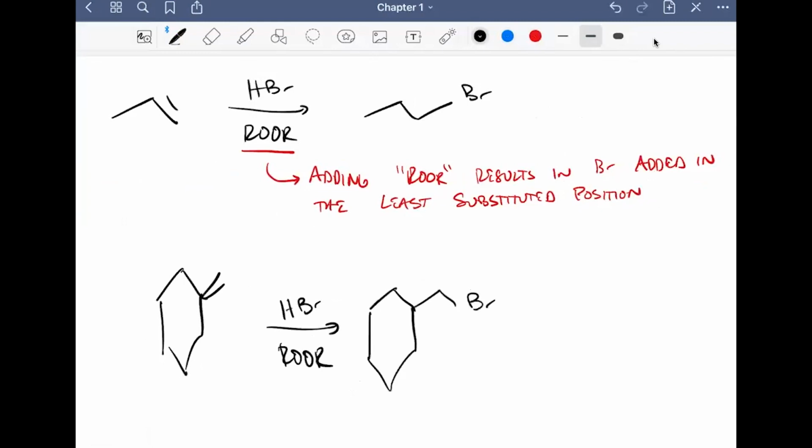So it'll now look like that, because this was a primary carbon, and it's going to attack there, the Br is. So adding that ROOR, and it's typically shown below that arrow, and you'll see HBr, you can see HCl, whatever it is, it then attacks at the least substituted position. So that's really important for synthesis.